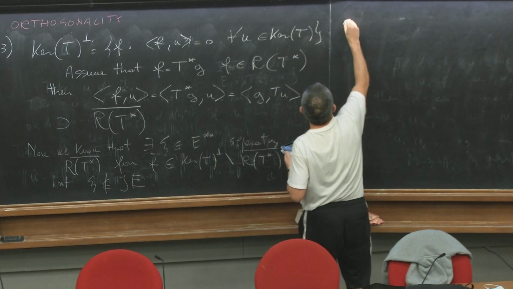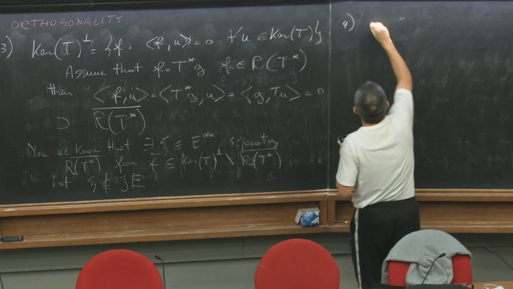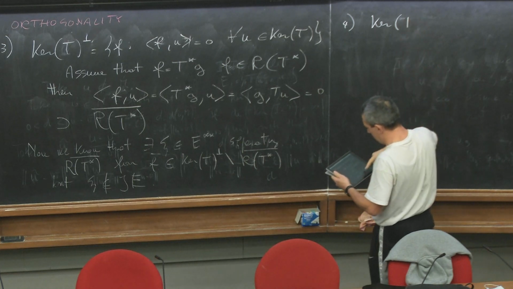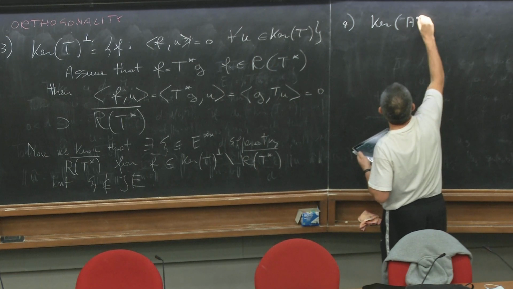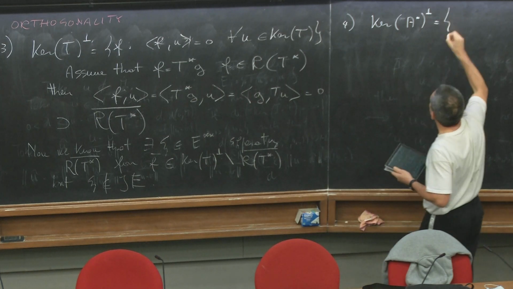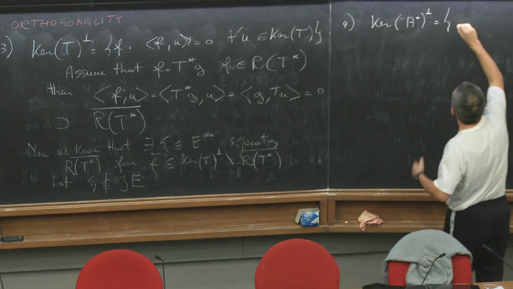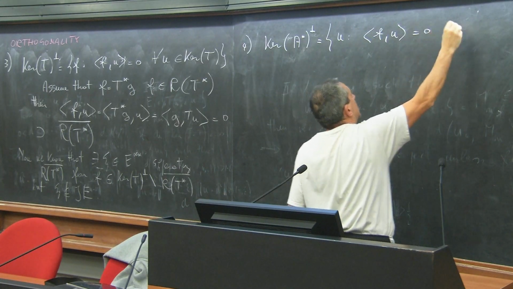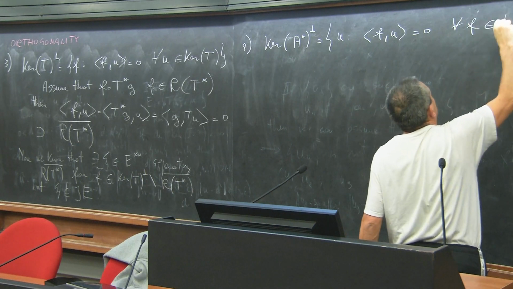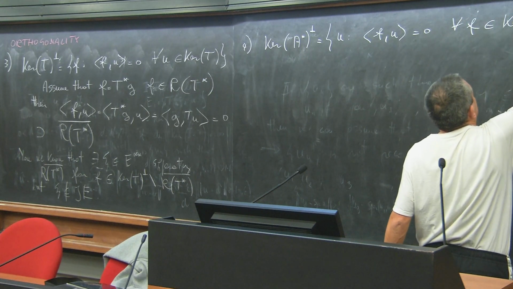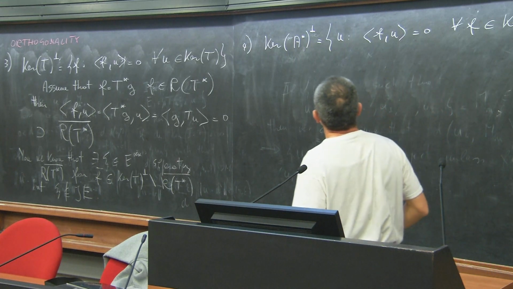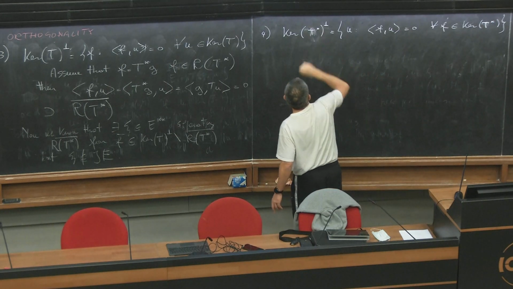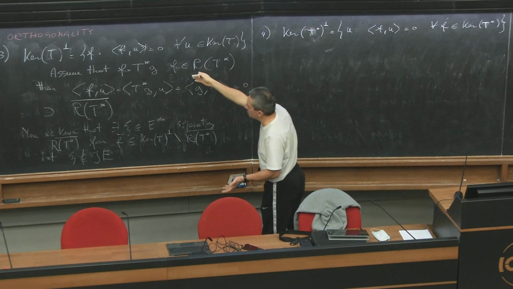So point 4. Now we consider the opposite, the kernel of T star perpendicular, equal, by definition, to all the U such that F U is equal to 0 for all F belonging to the kernel of T star. Sorry, it was T. So now let's repeat the observation.